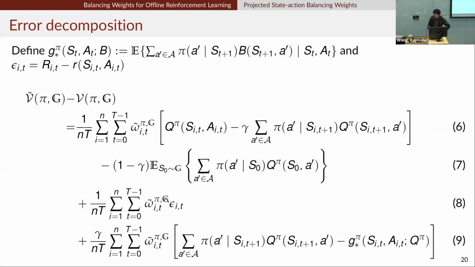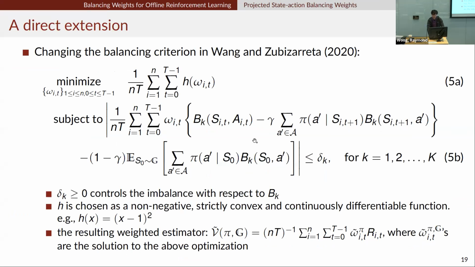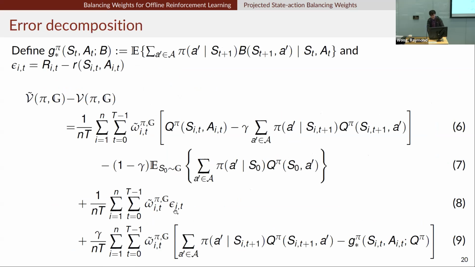The second one is a little bit more interesting, but not too difficult, if you have some nice conditions. If you look at the weight here, there's no reward used in constructing the balancing weight. We only use state-action pairs; only state and action show up here. While this epsilon is the difference between the reward and the conditional expectation of the reward, it is like an error in the regression model of the reward.